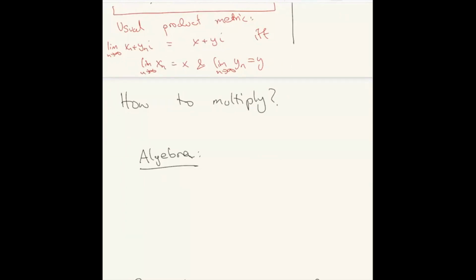Now, how do you multiply things and relate divide? Well, if you have z equal to x plus iy, and w equal to u plus iv, then there are some basic rules that you can use: commutativity, distributivity, and the crucial identity that's new, i squared is minus 1.